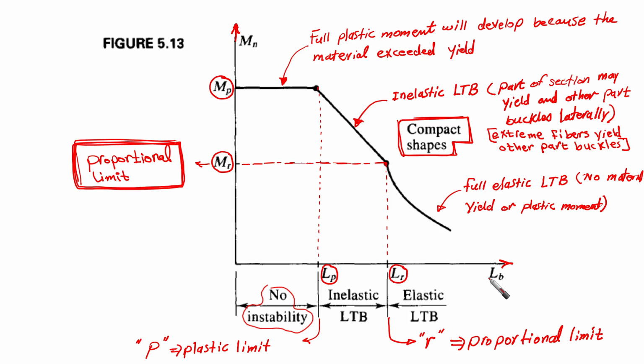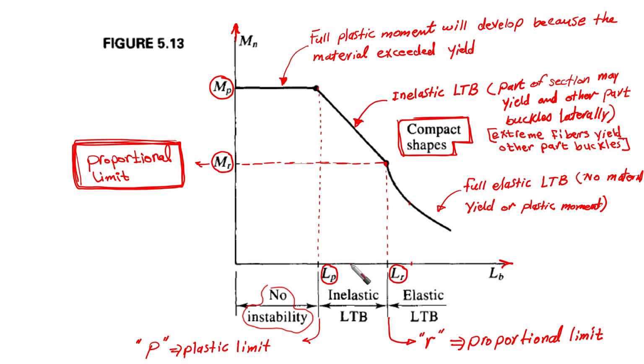If LB is larger than LR, then the section is going to be slender. This means full elastic lateral torsional buckling, and no material yield or plastic moment would occur. If the element has this unbraced length, the cross section is going to buckle. LTB is going to occur in an elastic way, without any yielding of any part of the material.